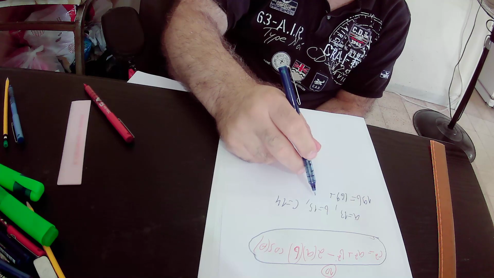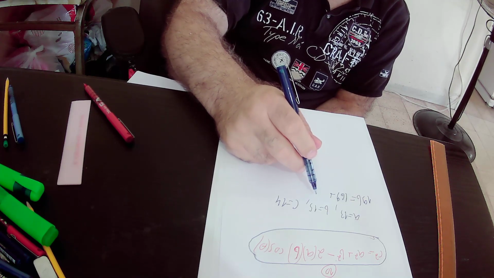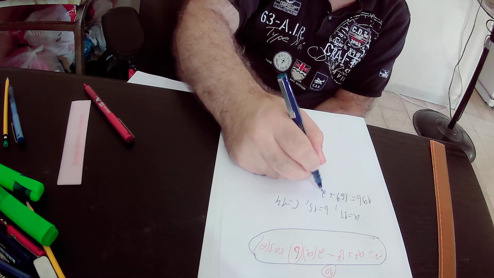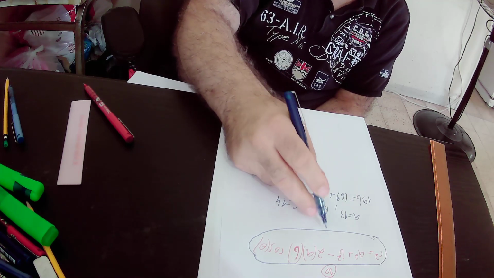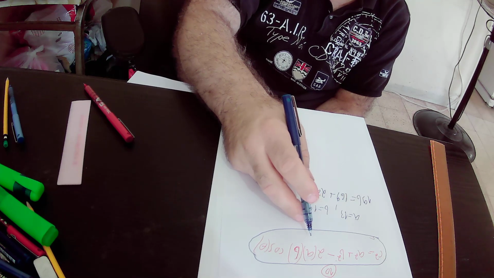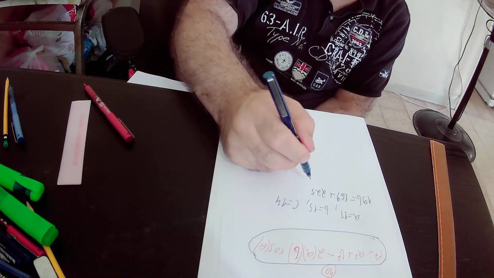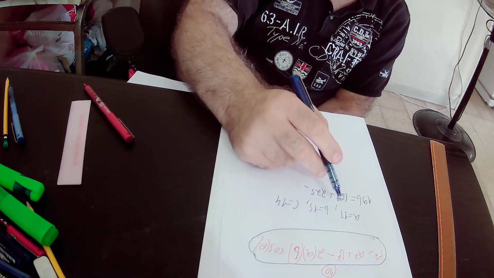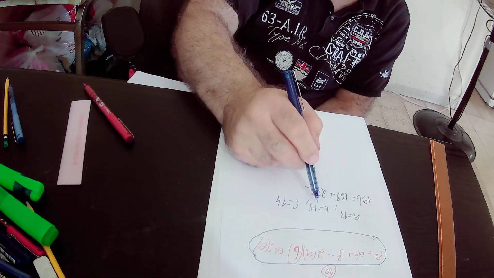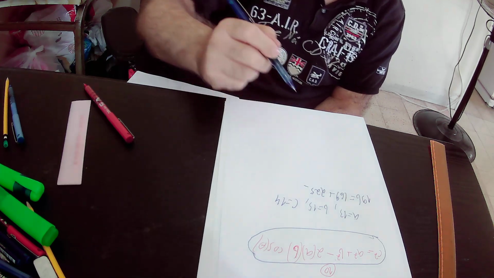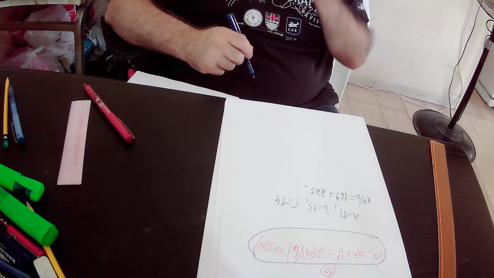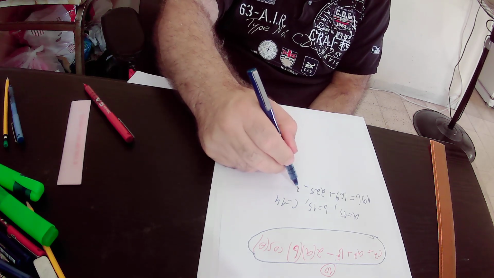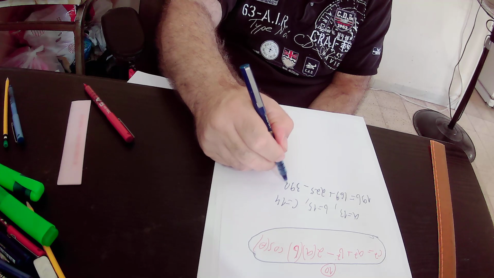B equals 15 units, and B squared is 15 squared, which is 225, minus 2 times A times B times cosine theta. So it is minus 2 times 13 times 15 times cosine theta. That is actually 390, or minus 390 cosine theta.